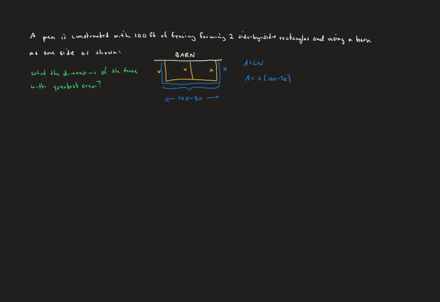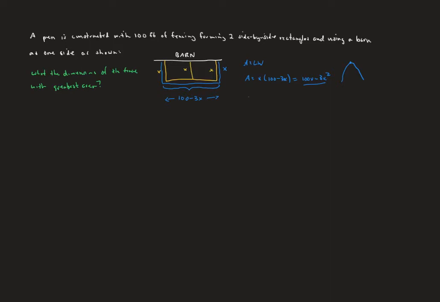So our maximum value, if we multiply this out, we're going to get 100x minus 3x squared. So we know that this is a parabola that opens down, so we can envision it looks something like that. Its maximum is going to occur at the vertex.